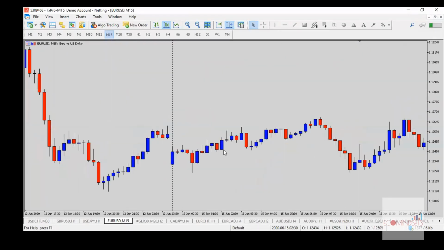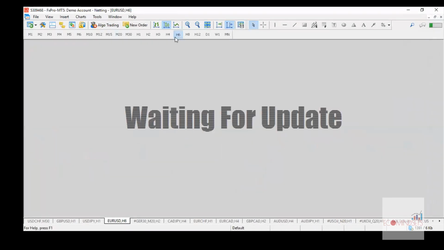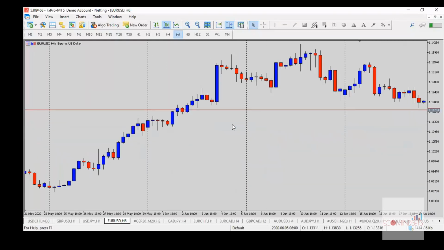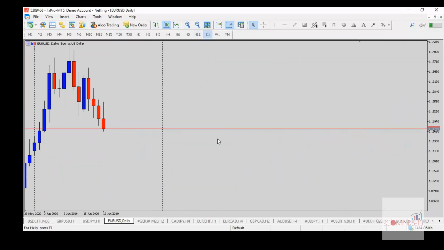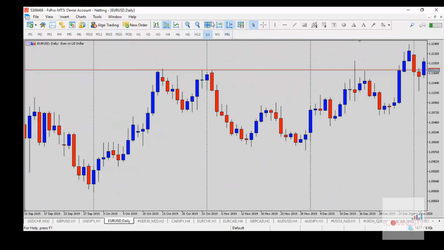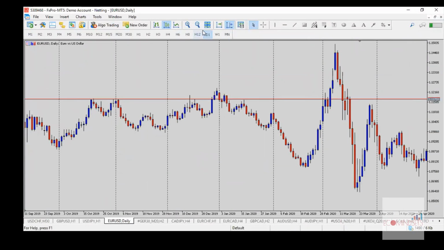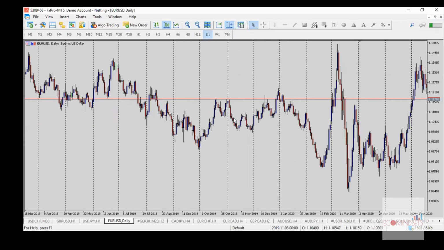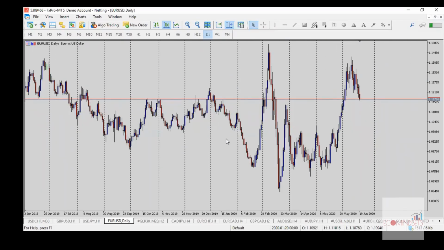All right, so this is my daily time frame, and I want to look out for a range, a downtrend, and an uptrend from my chart.